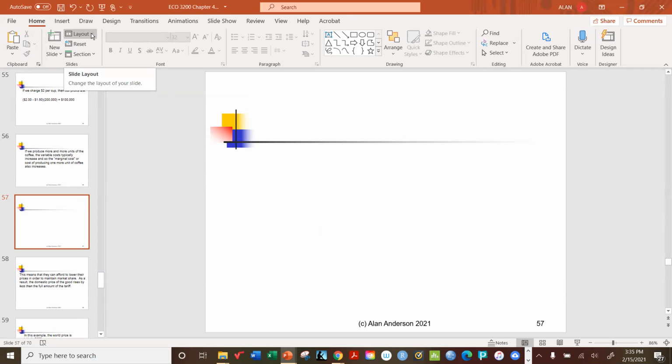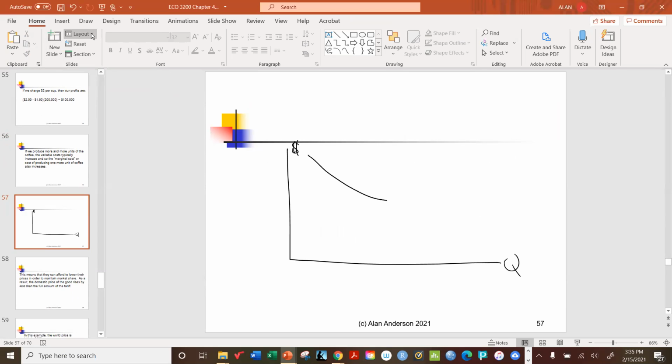In a normal setting, if you were to plot, let's say, dollars on the vertical axis, Q is output. The average total cost typically falls for a while, and then it starts to rise again. The marginal cost typically falls for a while, and then it starts to rise again. But once it starts to rise, it tends to rise very, very quickly.